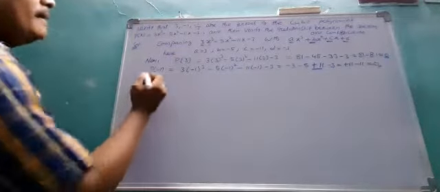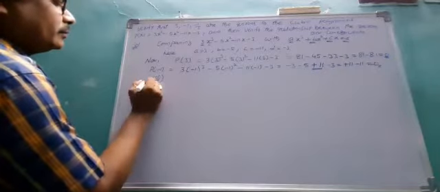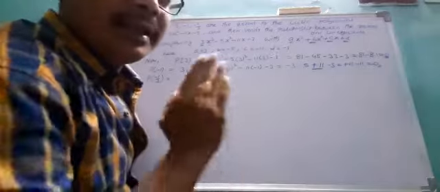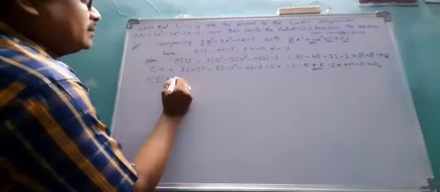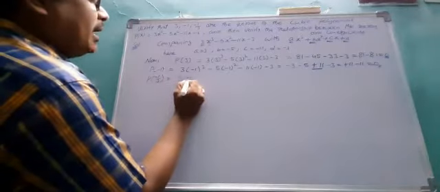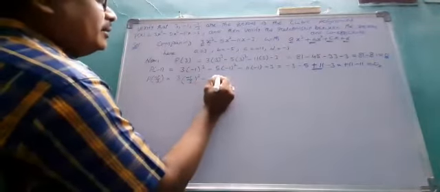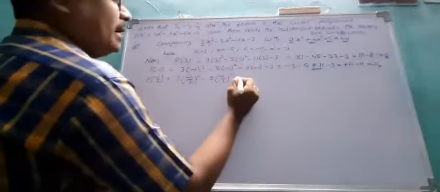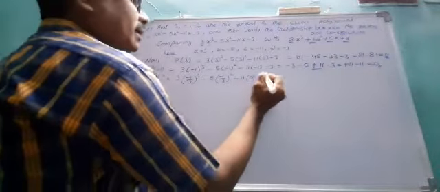And next one, P of minus 1 by 3. Okay, you do this P of minus 1 by 3 very carefully. So P of minus 1 by 3, that means 3 into minus 1 by 3 whole cube minus 5 into minus 1 by 3 whole square minus 11 into minus 1 by 3 minus 3.